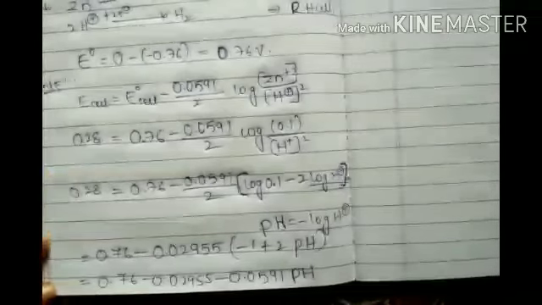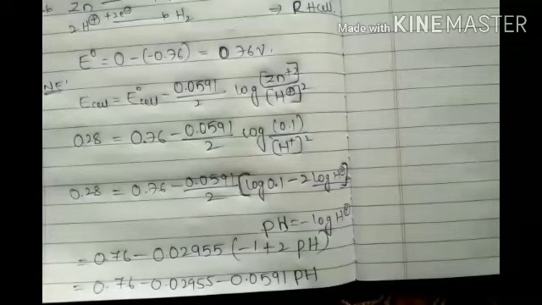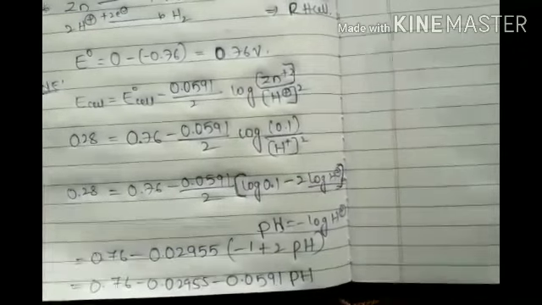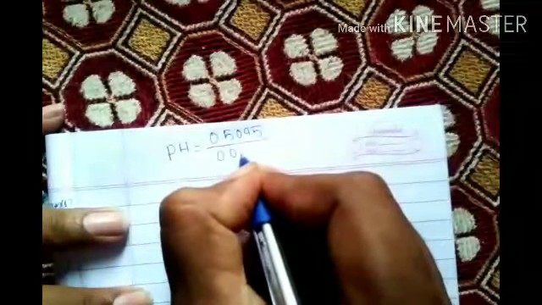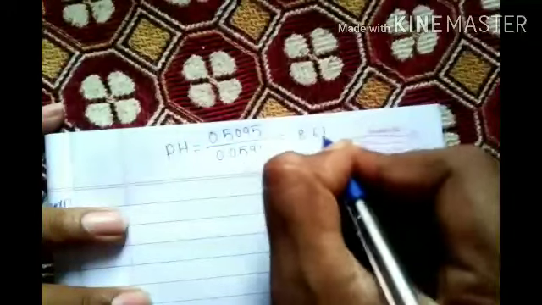Now let's go to the remaining. pH equals to 0.5095 by 0.0591 equals to 8.62.